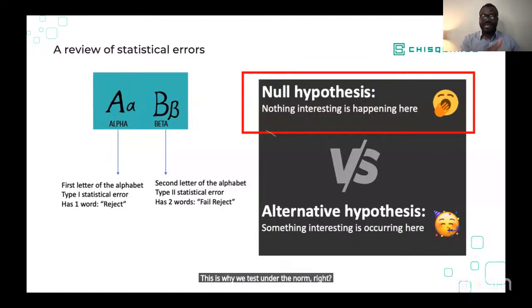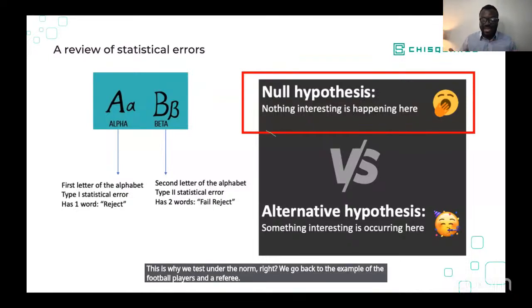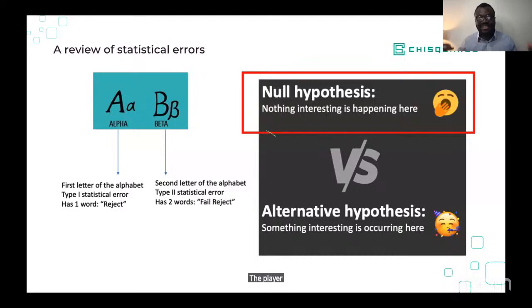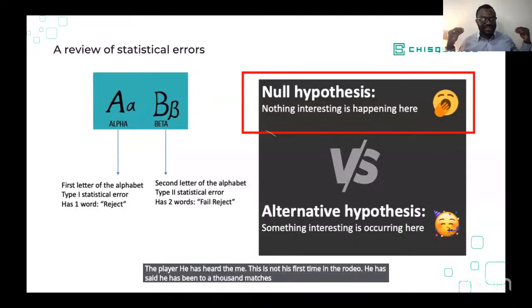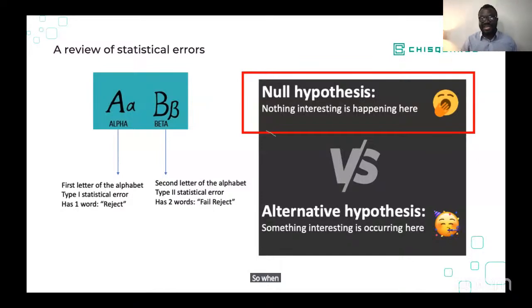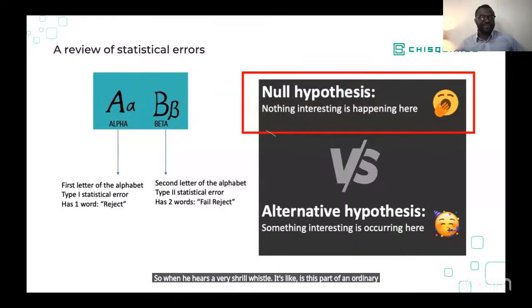Again, we go back to the example of the football players and the referee. The player, it is not his first time in the rodeo. He has been to 1,000 matches. He knows what the normal crowd sounds like. So when he hears a very shrill whistle, it's like, is this part of the ordinary or is it out of the ordinary?